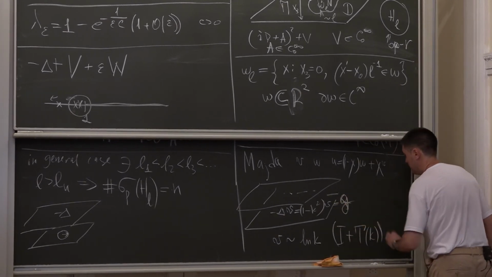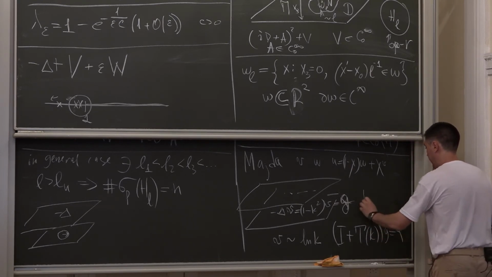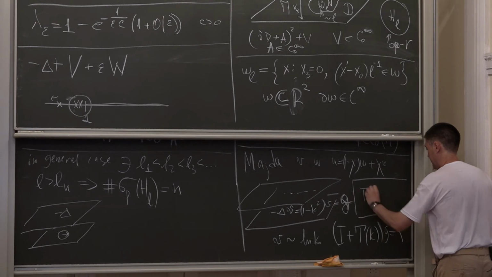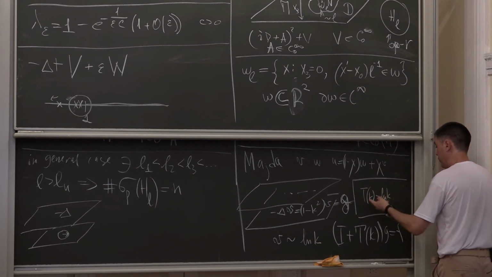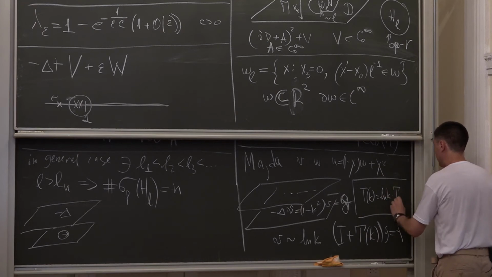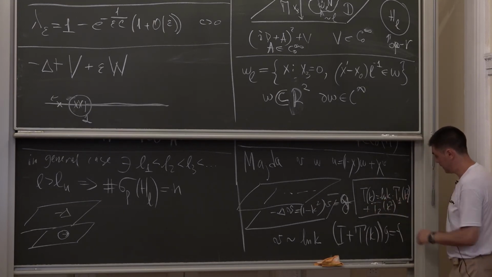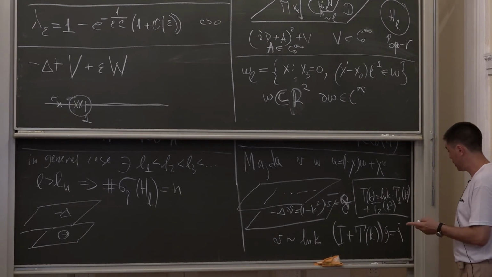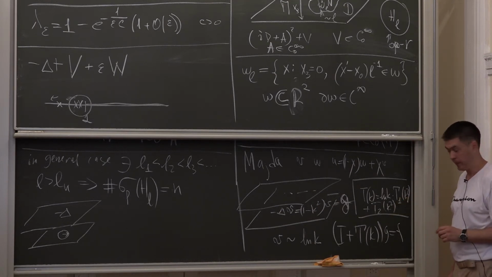Actually, there should be here J equals F. And this T of k will behave as follows. The form of this T of k will be something like this: T1 of k squared plus T2 of k squared. And both these operators are compact, and they are holomorphic with respect to k squared.